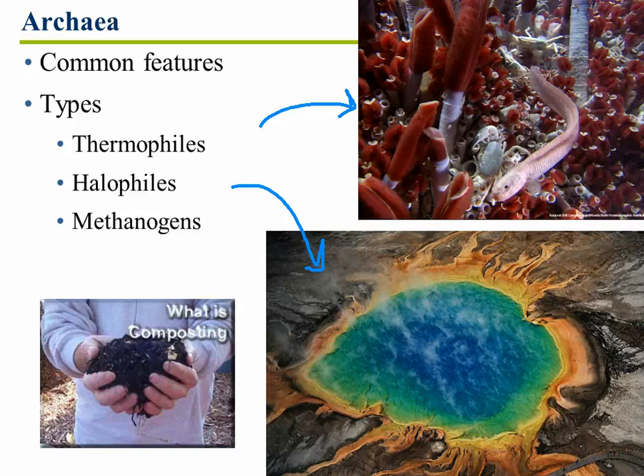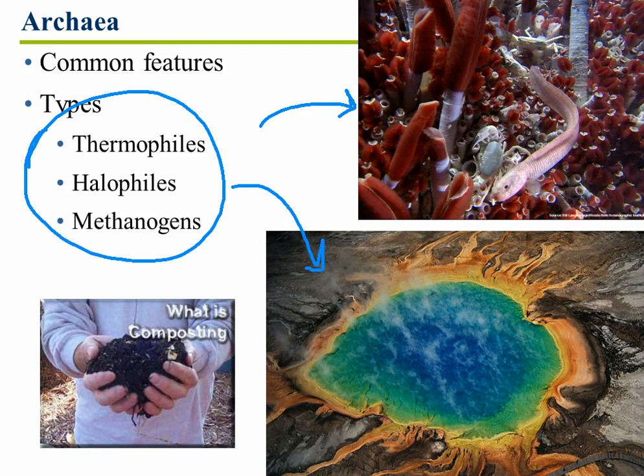The steam you can see coming off this lake. This is called Giant Prismatic Lake, and you can see lots of colors of yellow, orange, tan, brown. These are all a variety of bacteria, some photosynthetic, some not, but they're all living in temperatures that are really extreme. These are thermophiles.